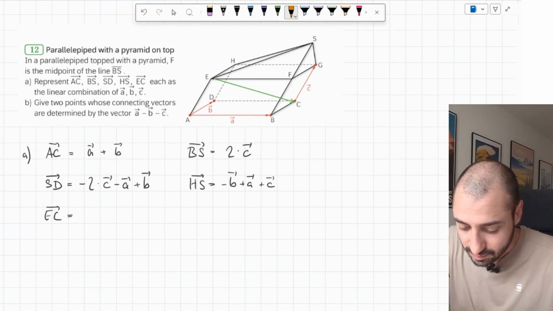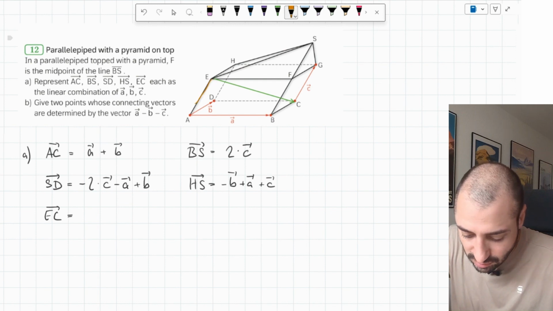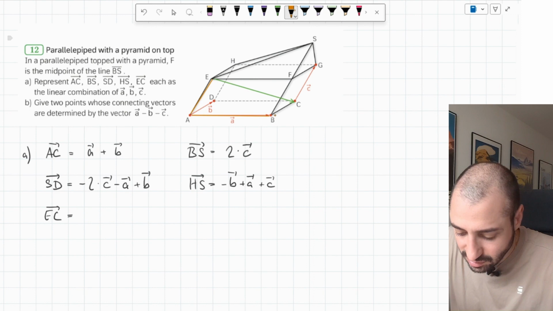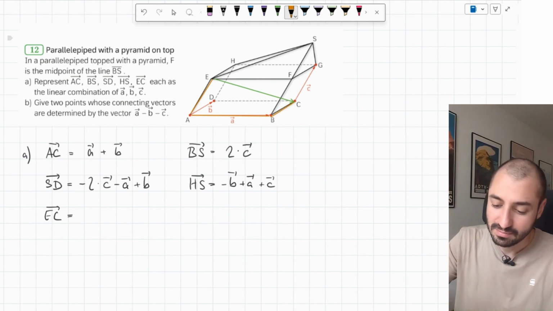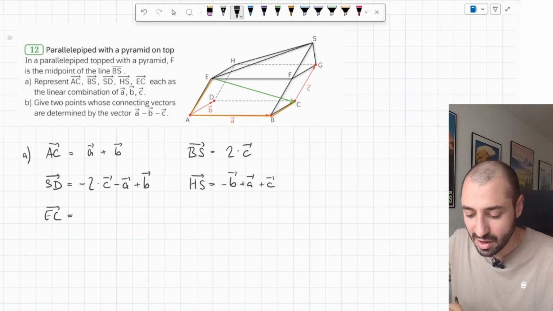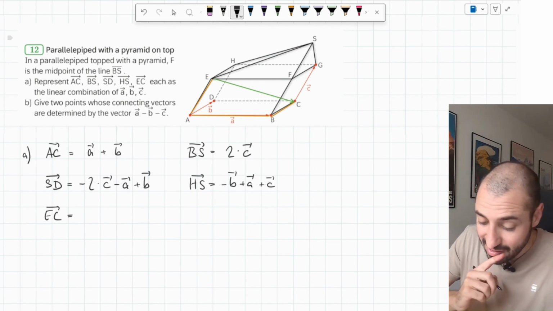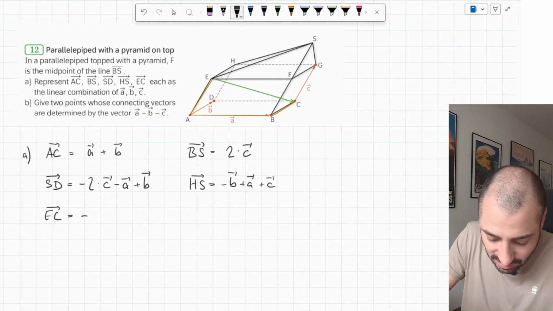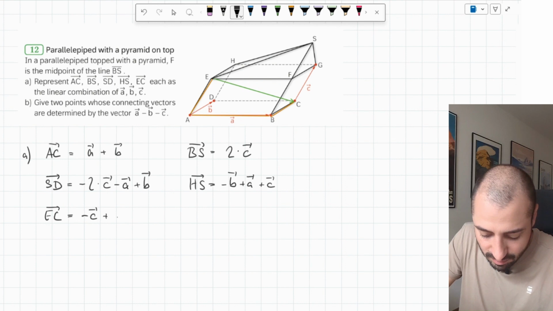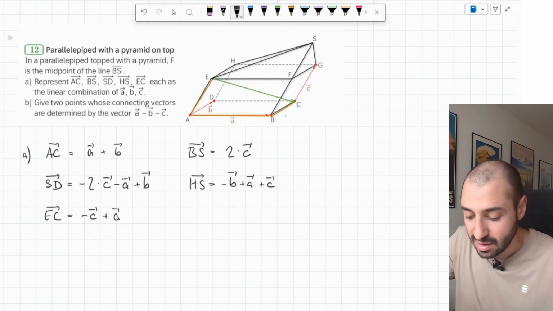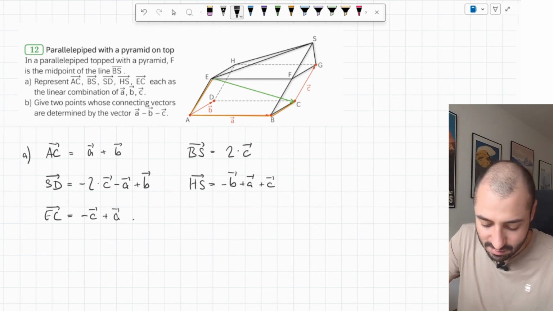So we could go down here, then over here, and then here to the back, right? So if we do this path here, then we will have the path, this is minus C, then plus A, and then plus B, right?